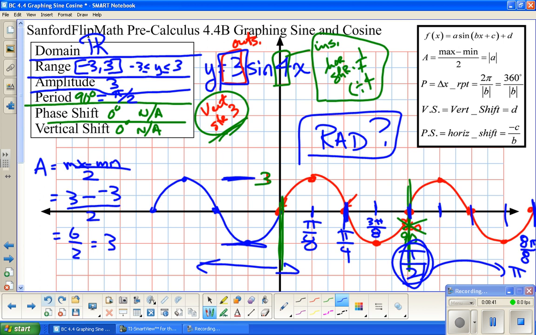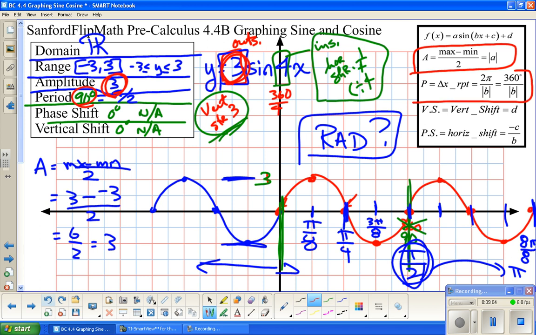Okay. All right, now one other thing to point out here, and that is, notice how my amplitude was 3 and that number in the front was 3, and here's a cute little formula for you. I knew you'd be excited. Okay, period in this case was 90 degrees. Well, how did we get that? We did the normal period of 360 divided by 4.